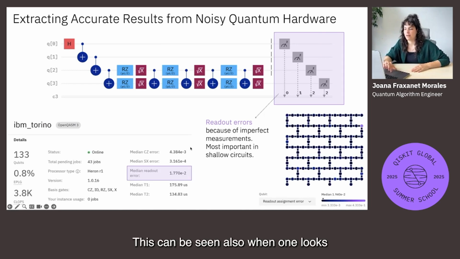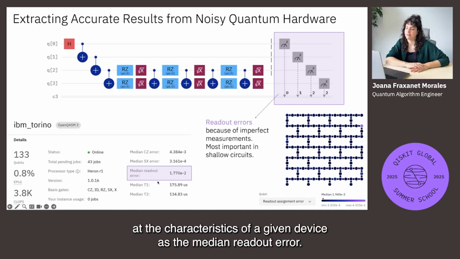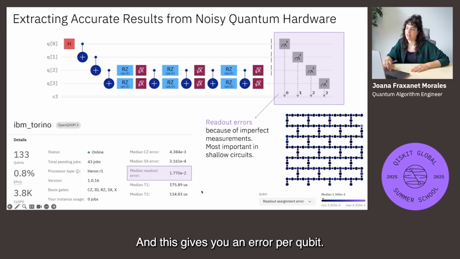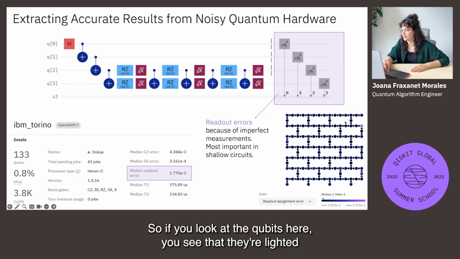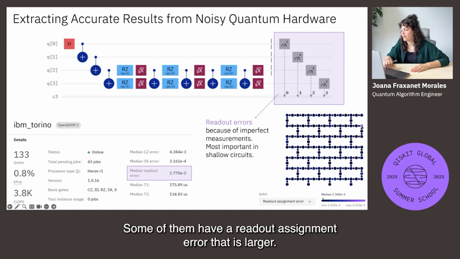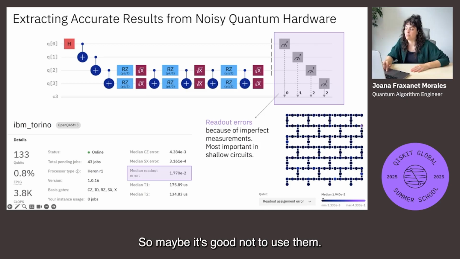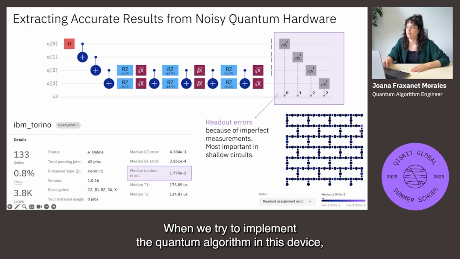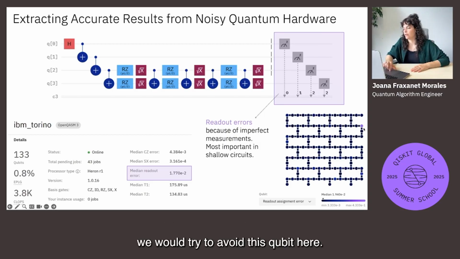This can be seen also when one looks at the characteristics of a given device as the median readout error. And this gives you an error per qubit. So if you look at the qubits here, you see that they're lighted with different colors depending on which error is associated to them. Some of them have a readout assignment error that is larger, so maybe it's good not to use them when we try to implement the quantum algorithm in this device. We would try to avoid this qubit here.